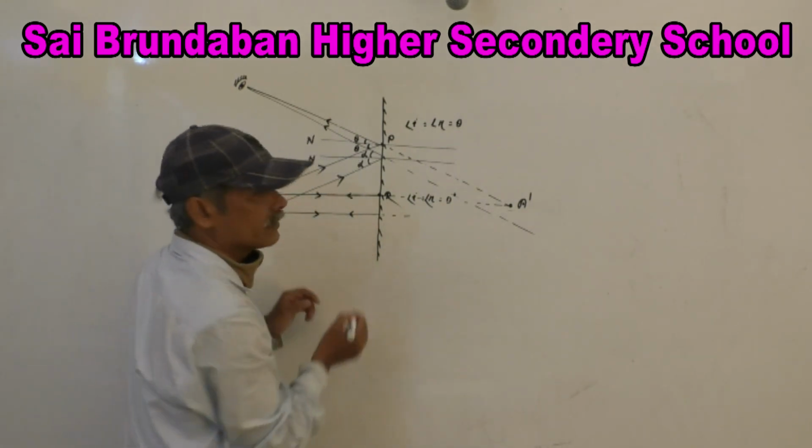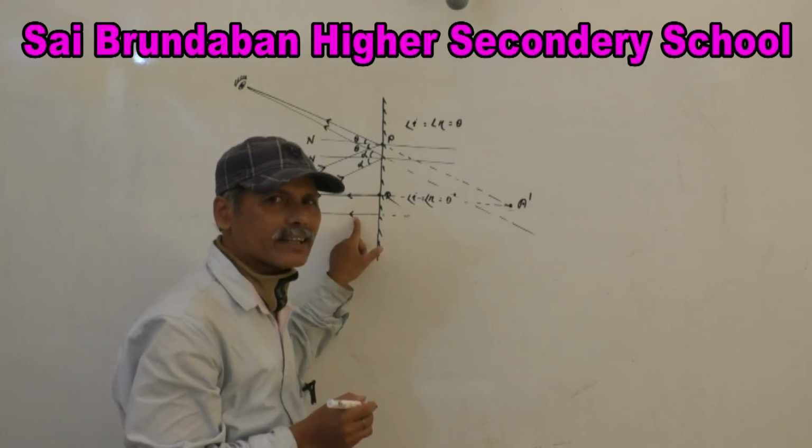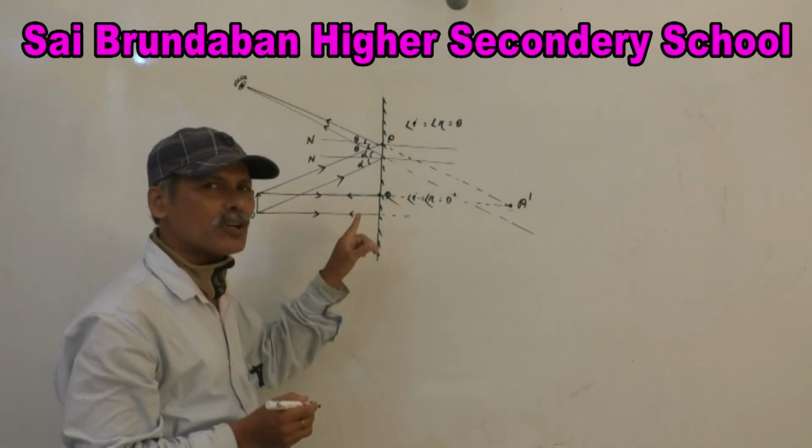This is the direction of the reflected ray. So you have to also extend this second ray.